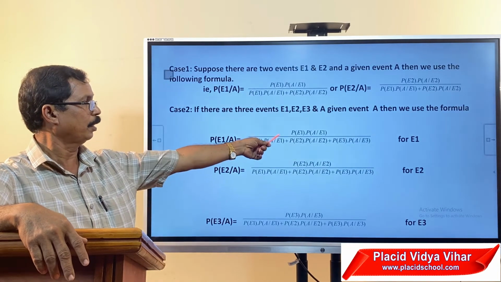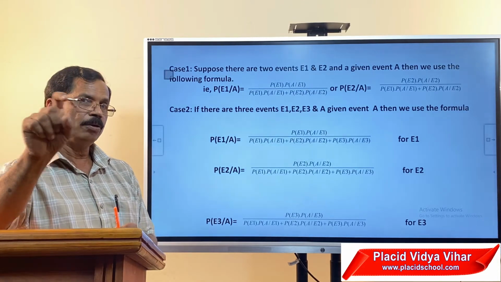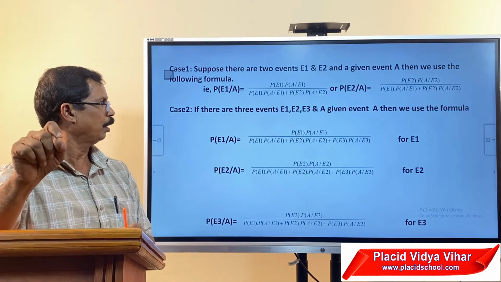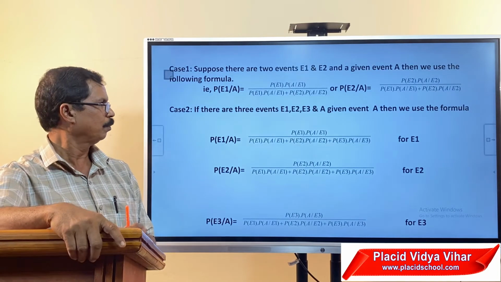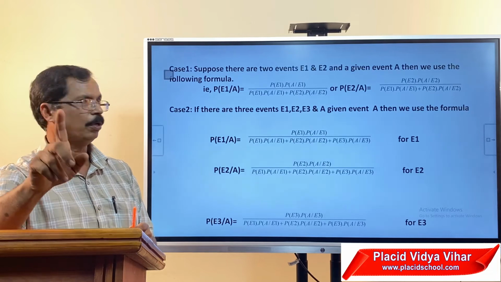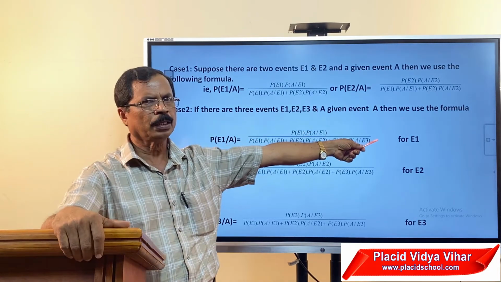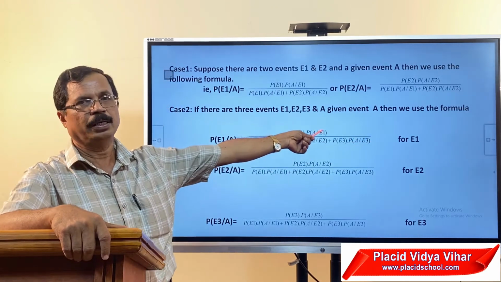So we write P of E1 into P of A given E1. Then the denominator contains 3 terms: P of E1 into P of A given E1, plus P of E2 into P of A given E2, plus P of E3 into P of A given E3. That is for E1. Remember, if it is for E1, you have to write the formula like this.